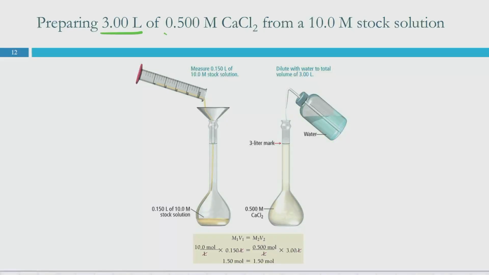So this 3 liters and that 0.5 molar, this is what we're putting in as V2 and M2. This 10 molar is our M1. So the problem that we would be solving to figure out how to do this dilution is find V1. How much of the stock solution are we using?